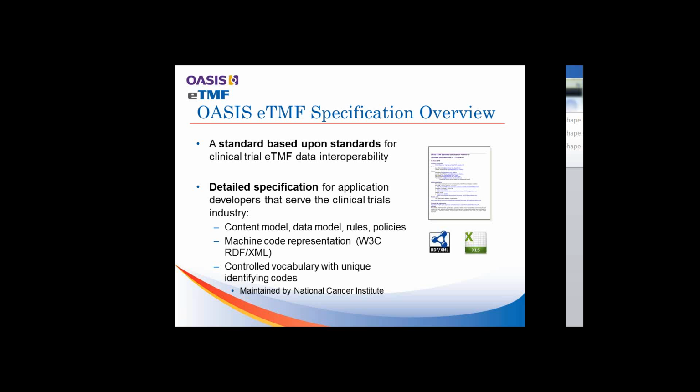Background on the application architecture and where we're focused. Just for clarification, in OASIS we are not here to tell organizations what they need to present in their application or what they need to show to other sponsors or organizations they're working with, or CROs. That's what we call the presentation layer.